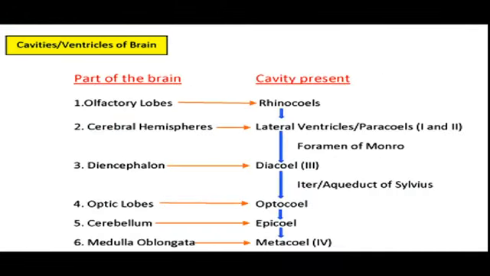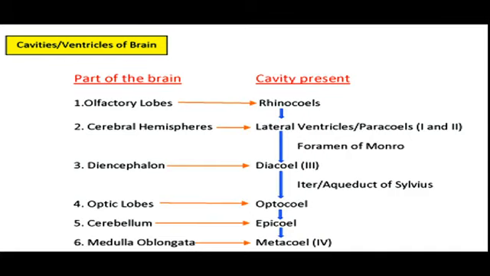The brain of Scoliodon has cavities or ventricles in it. So these are the different cavities present in the different parts of the brain. Here is the list of the different cavities. Olfactory lobes have rhinoceles in them.